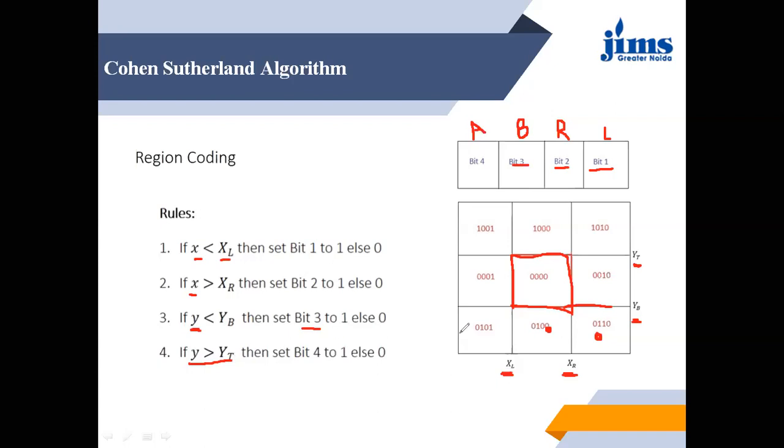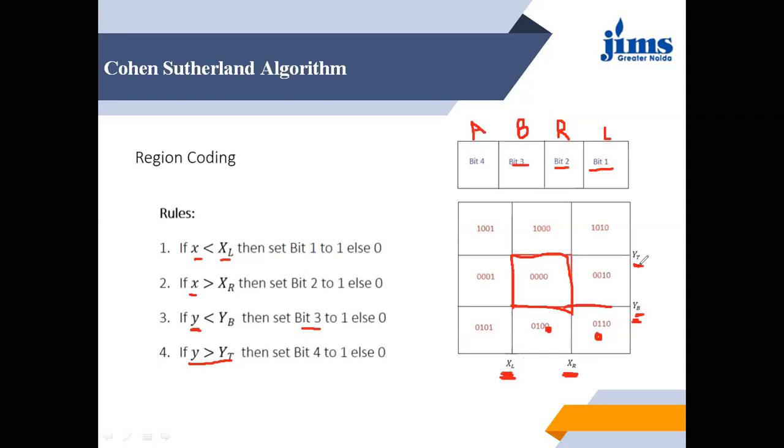To find the coding of different regions, the left value of the x coordinate and the right value of the x coordinate, as well as the bottom value of the y coordinate and the top value of the y coordinate, should be known to us.